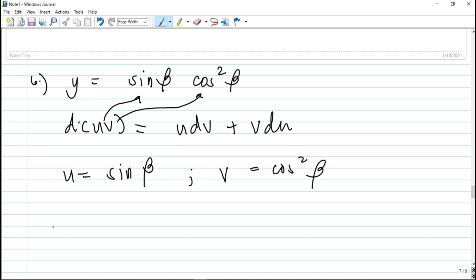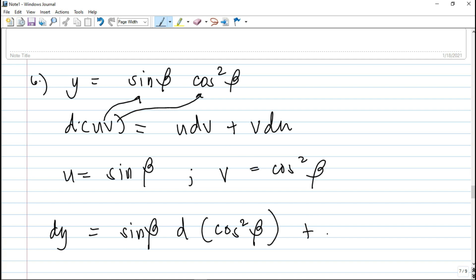Now, we apply the formula. Okay. So, derivative of y equals, so u natin is sine beta. Copy that. Then, derivative of v, cosine squared beta, plus v, so v is cosine squared beta, derivative ng u. So, u is sine beta. Okay.